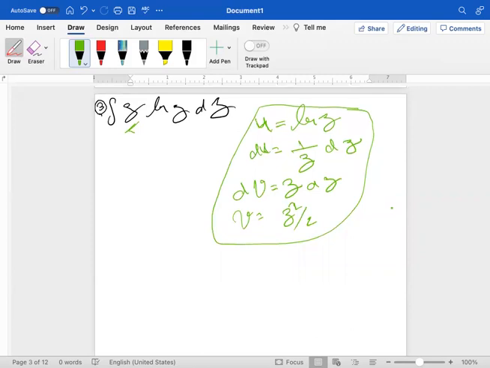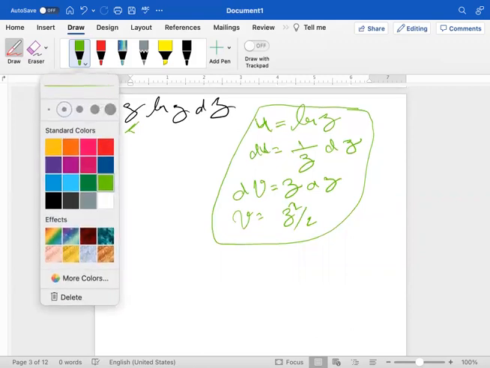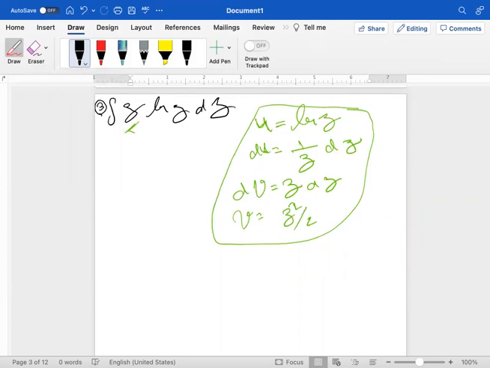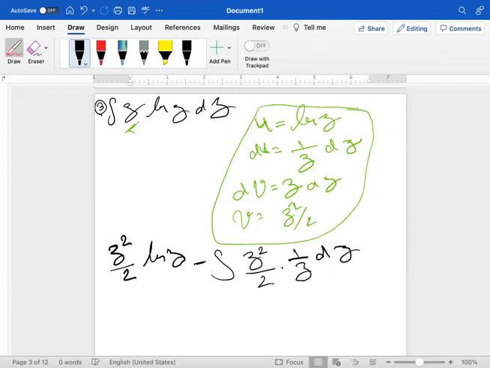So u times v, z to the power 2 divided by 2 natural log of z, minus integral of v du, which is 1 over z dz. Well, obviously this got better.